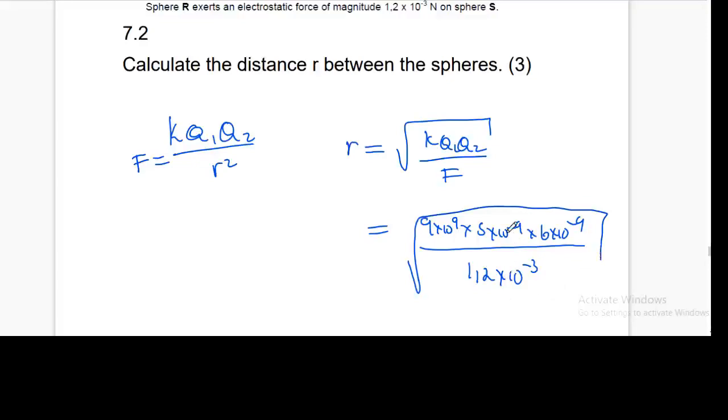So proceed to press square root of 9 times 10 to the power 9 multiplied by 5 times 10 to the power negative 9 multiplied by 6 times 10 to the power negative 9, divided by 1.2 times 10 to the power negative 3.